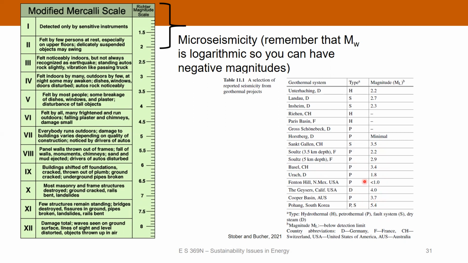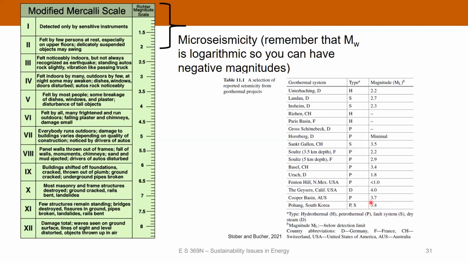There was a magnitude 4 at the Geysers. Interesting, there was this magnitude 3.7 in the Cooper Basin project in Australia. And when you look at public perceptions of these things, that one didn't really influence public perception at all because it was in the middle of nowhere. Nobody felt it, or very few people felt it. And so it didn't have as big an effect as something like Pohang, which was in a highly populated area.